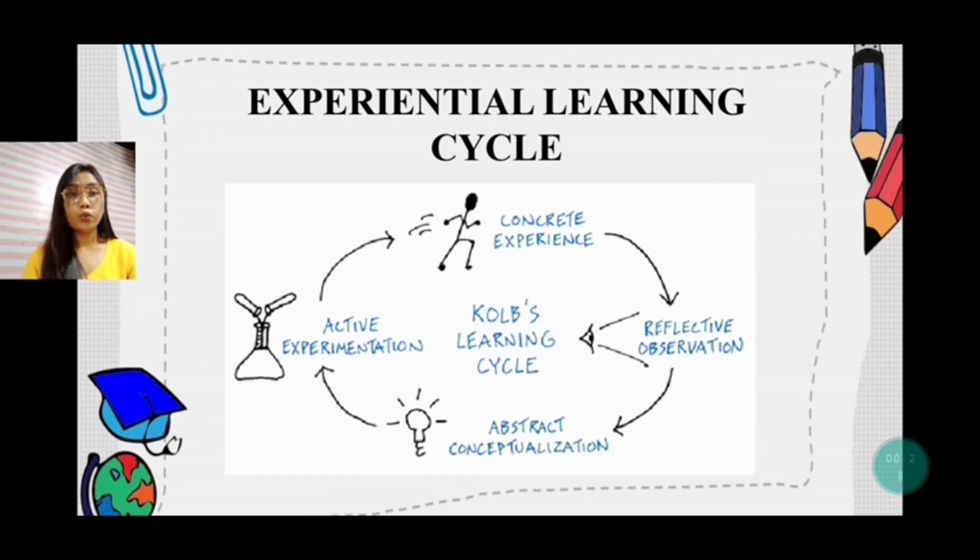The first two stages, which are concrete experience and reflective observation, involve grasping an experience, while the second two, which are abstract conceptualization and active experimentation, focus on transforming an experience.